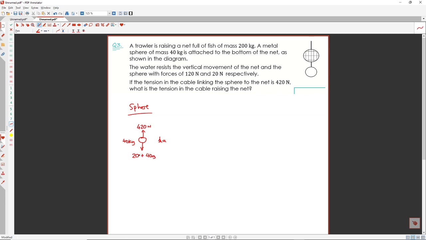Okay, so here are our 3 forces. The other point to mention is why is this 20 newtons downwards here? Well, if this particle here is being pulled upwards and it has a resistive force, then that resistive force must be in the opposite direction. So that's why the 20 newtons is going downwards.